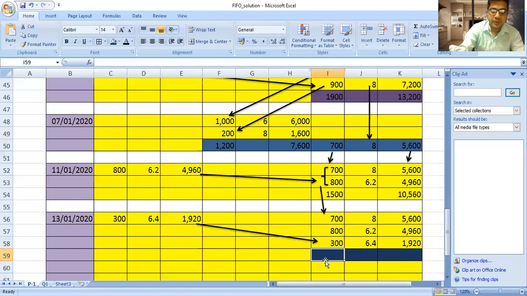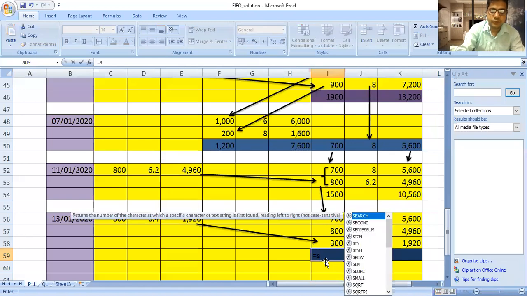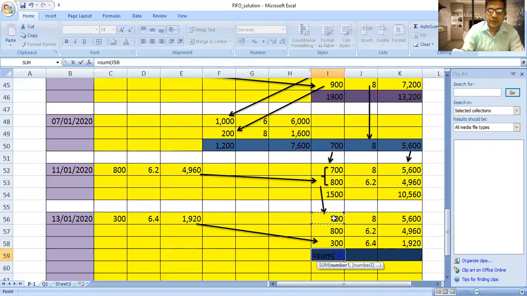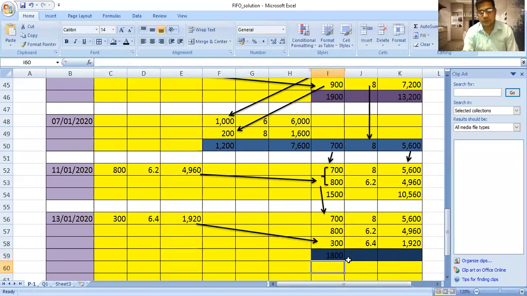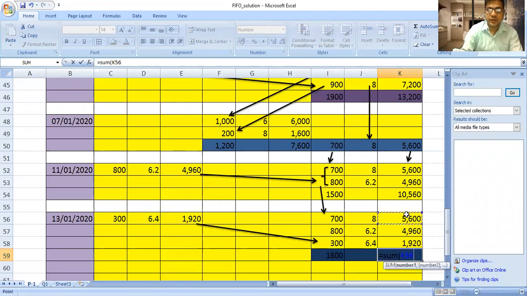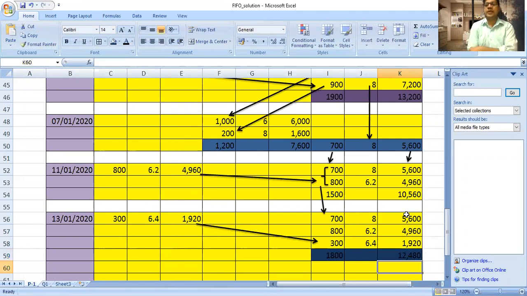Here, how will we find out? Total we have to do 700, 800 plus 300. The total will be 1800. Then we will not do the rate column total. Sum 5600, 4960, and 1920. The total is 12,480.